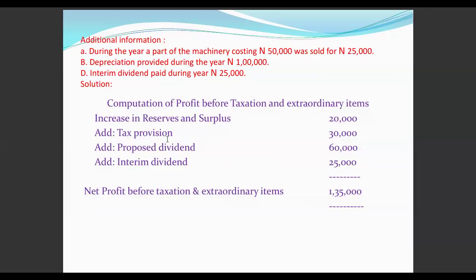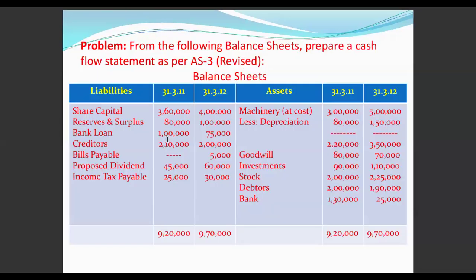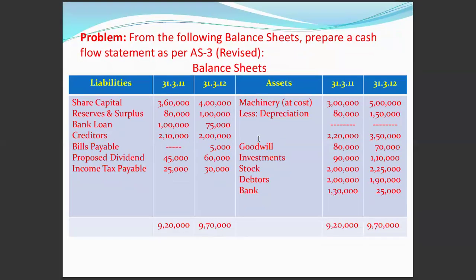So we have machinery of 50,000 sold. We have depreciation. We have interim dividend, and this is the numerical. So just go through the numericals. I'll wait for a few seconds.